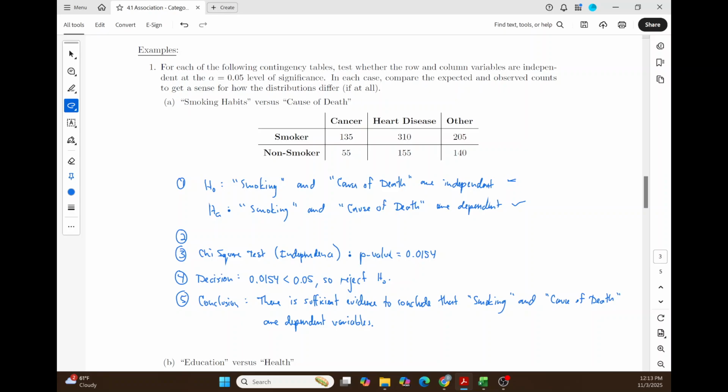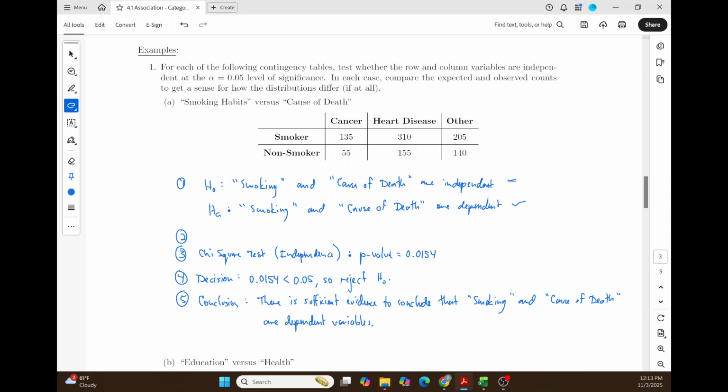I think it might be tempting here to say there is sufficient evidence to conclude that cause of death depends on smoking habits. In other words, there's sufficient evidence to say that the way you die depends on whether or not you were a smoker. Because obviously, smokers are at elevated risks for cancer, right? And other kinds of diseases. So yes, in this case, I think you would be justified in saying that.